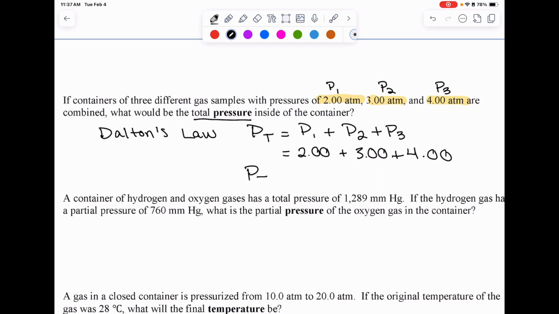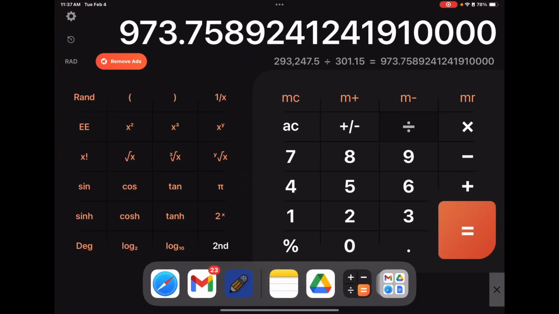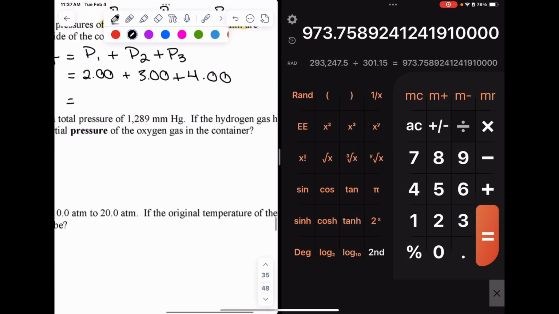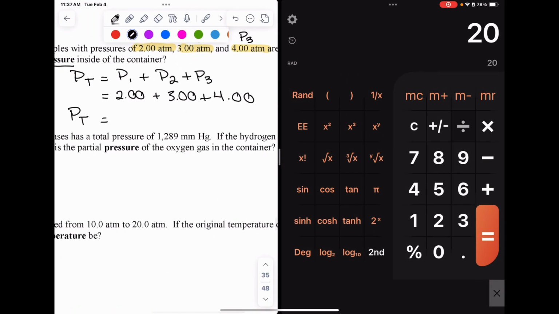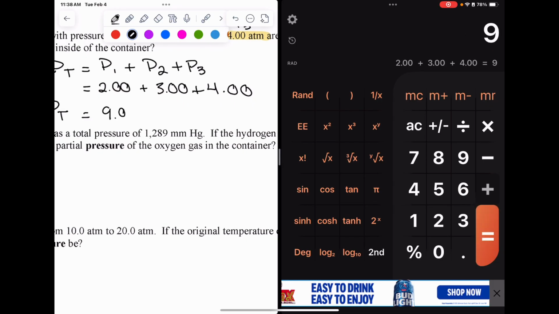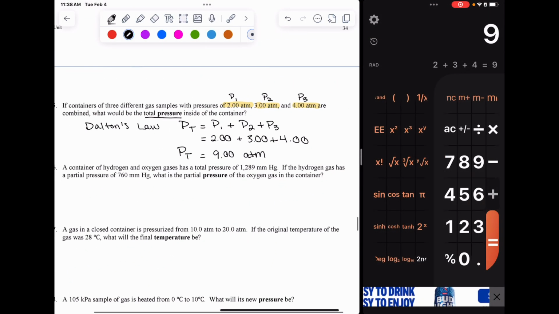That means our total pressure, once we add up 2 plus 3 plus 4, is a total of 9 ATMs, or atmospheric pressures. So this one was pretty easy.